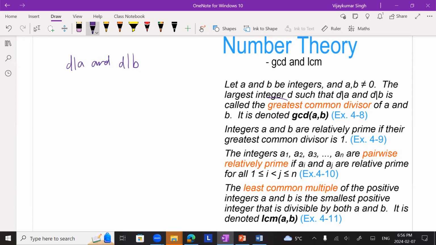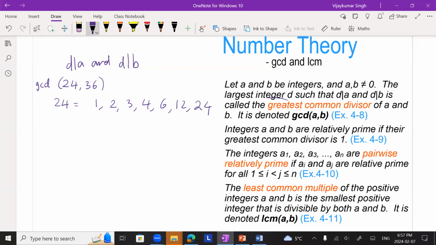For example, let's look at 24 and 36. Question is, what is GCD of these? What you do is you say, okay, let's look at the divisors of 24 and the divisors of 36. Divisors of 24 are 1, 2, 3, 4, 6, 12, 24.